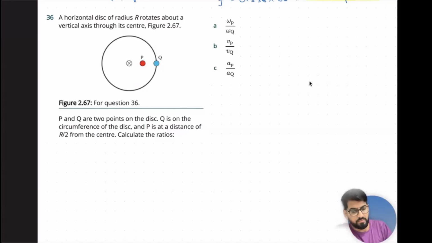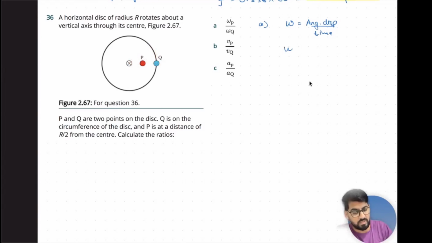So omega is what, guys? Omega we defined, if you remember from part A, as angular velocity, which is angular displacement divided by time. Let us say this point moves from here to here. This point will also move from here to here because they are on the same disk. So they will cover the same angle in the same interval of time.